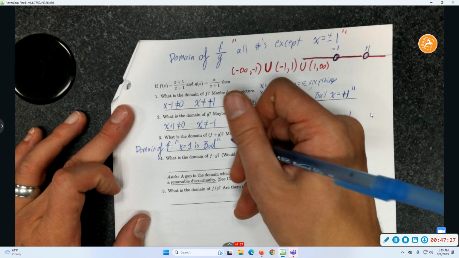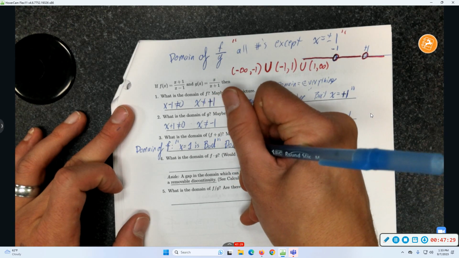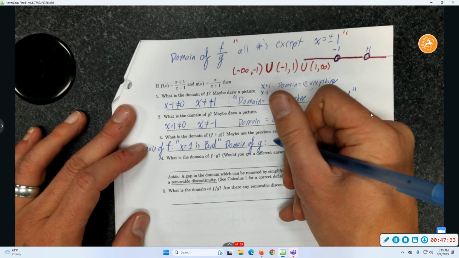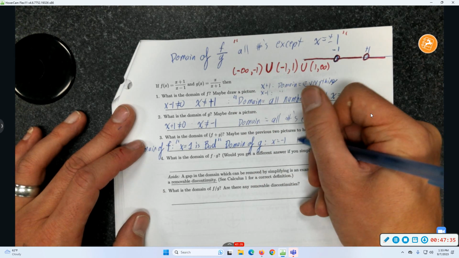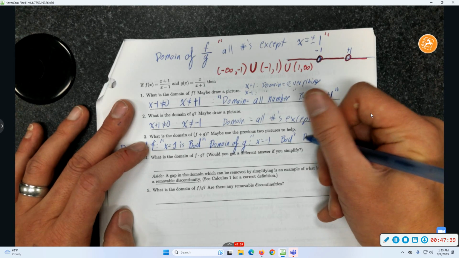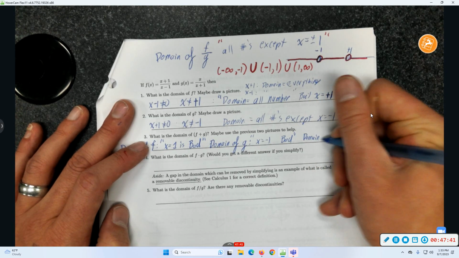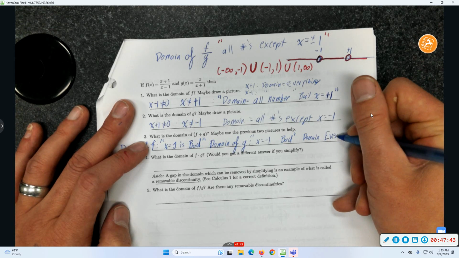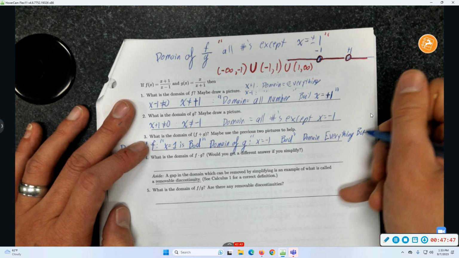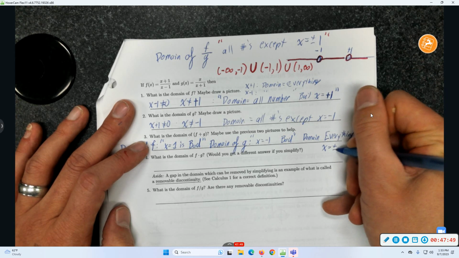So x equals 1 is bad. The domain of g, x equals negative 1, is bad. So what's the total domain? Everything but x equals plus or minus 1.